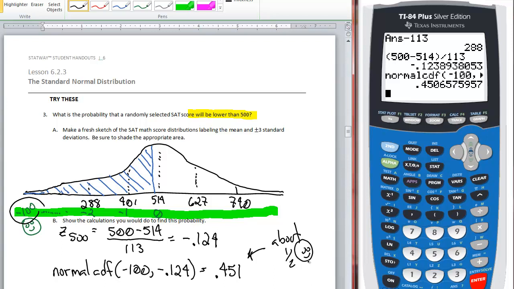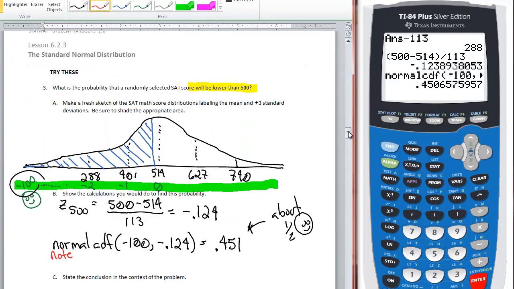Now, note. Let me scroll this up just a little bit so that there's room, okay? If you put normal CDF and you got these backwards, you put in the negative 0.124 and the negative 100 because you thought it's bigger, because its absolute value is bigger, what will come out will be a negative 0.451, but we know that probabilities are never negative, and so it's probably okay to ignore that negative sign if that happens, all right?